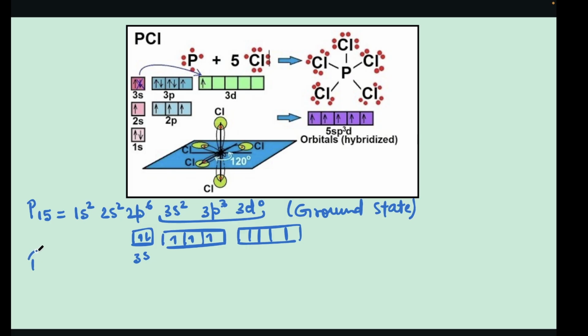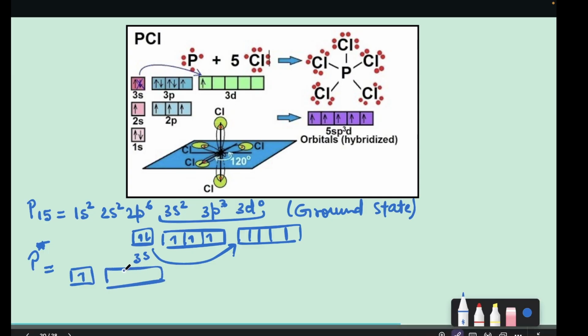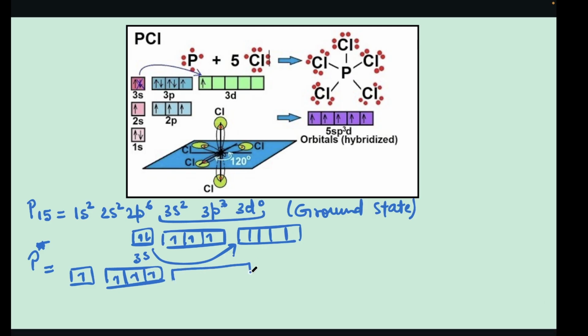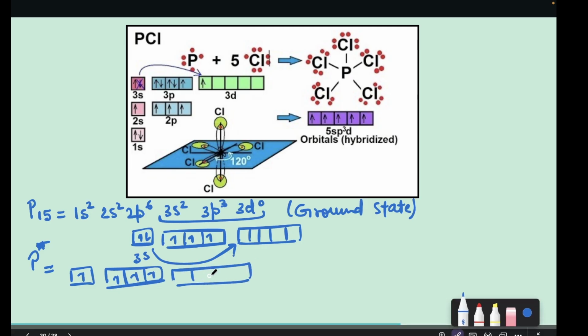So on excitation, 1s electron will go in the 3d orbital of third shell, and the configuration is like 3s1, 3p3 and 3d1.